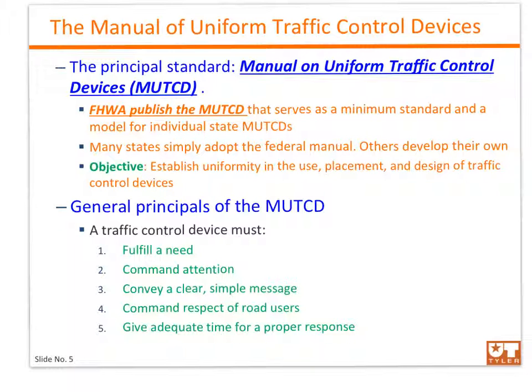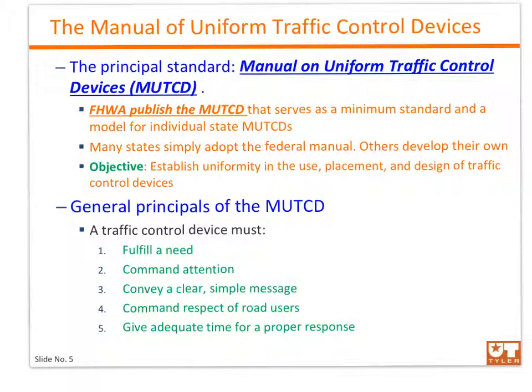It has to be big enough, the font has to be big enough, and the color has to indicate something to command the attention of the driver. It also has to convey a clear and simple message. I cannot have 10 sentences expecting that the driver would be reading a sign with lots of letters and lots of words. It has to be very concise, to the point, very simple, easy to read.